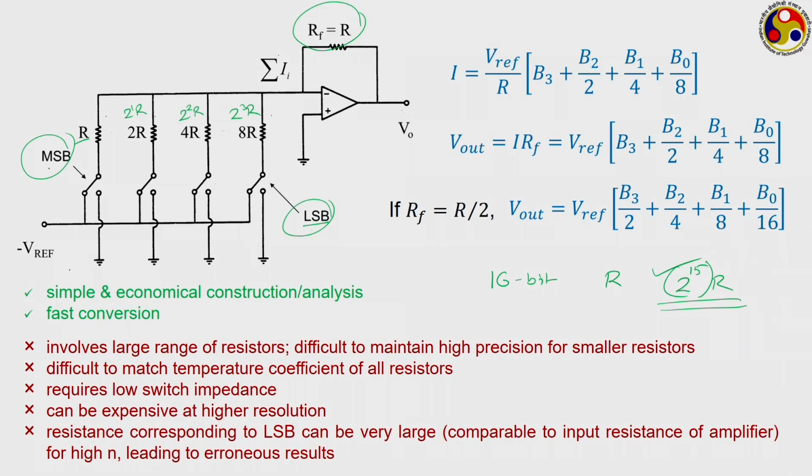So, as long as we are dealing with a low number of bits, then it is fine. It is an excellent kind of converter, quite accurate, and gives very fast conversion. However, as the number of bits keeps on increasing, it becomes quite difficult to handle.